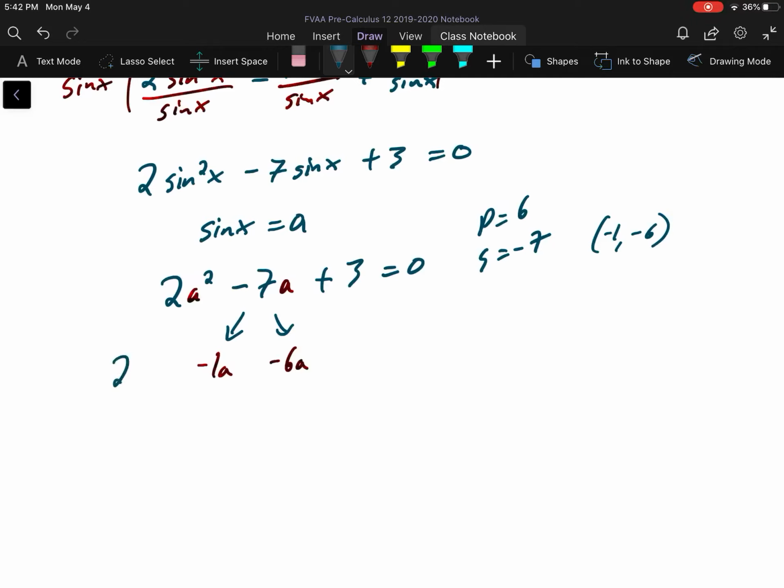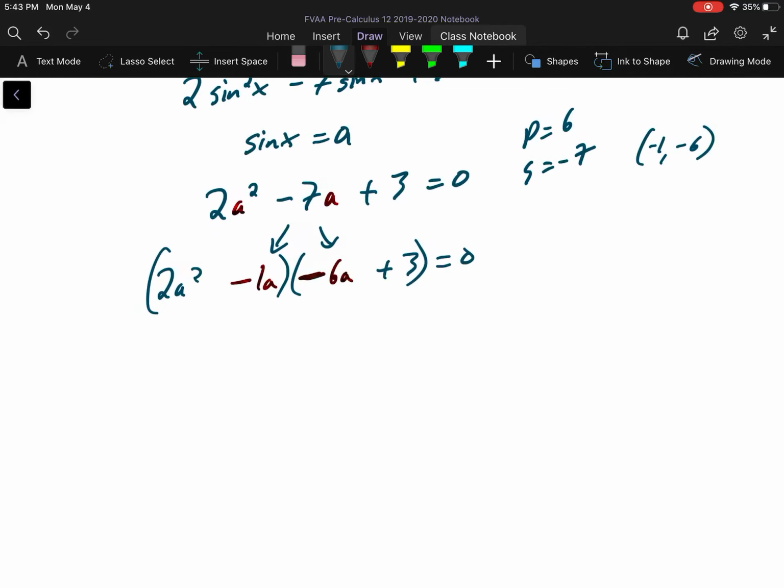And that's going to give me 2a squared minus that, then minus, put that in red, minus 6a plus 3 is equal to 0. I'm going to group these up, and I factor out the greatest common factor. So here my greatest common factor is just a.